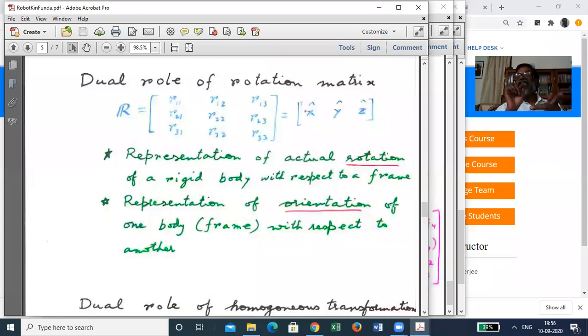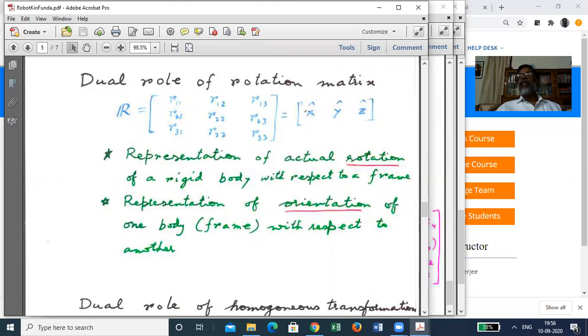That means the unit x vector, unit y vector, and unit z vector will be sitting in the first, second, and third column of this particular matrix. So the same matrix, which represents a particular rotation, also gives you the transformation to get the resulting orientation of the rotated body.